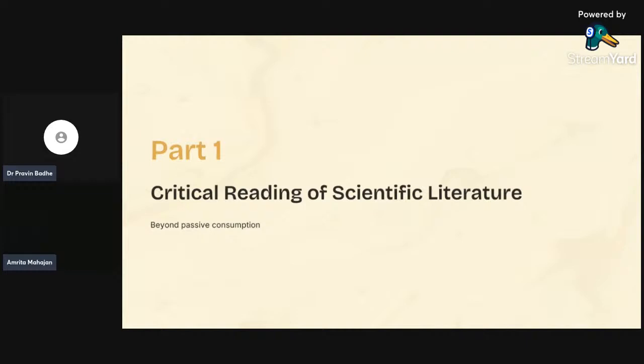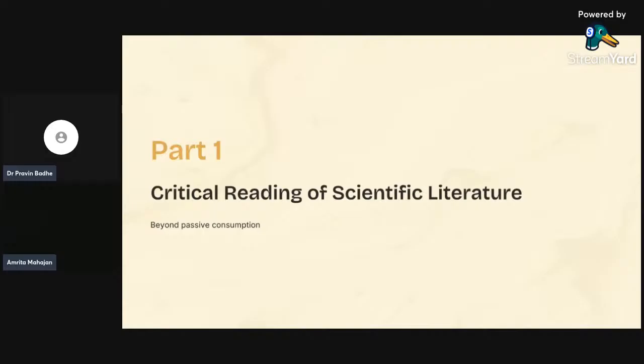Part one is critical reading of scientific literature. What does critical reading actually mean? It's the process of actively analyzing and evaluating a scientific paper, article, or journal, rather than passively accepting everything it says. You have to critically read and critically understand.